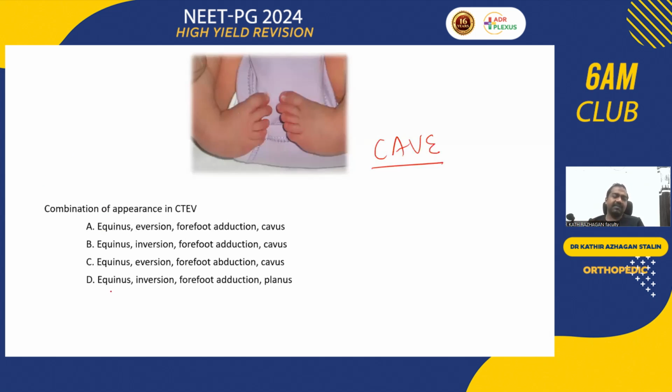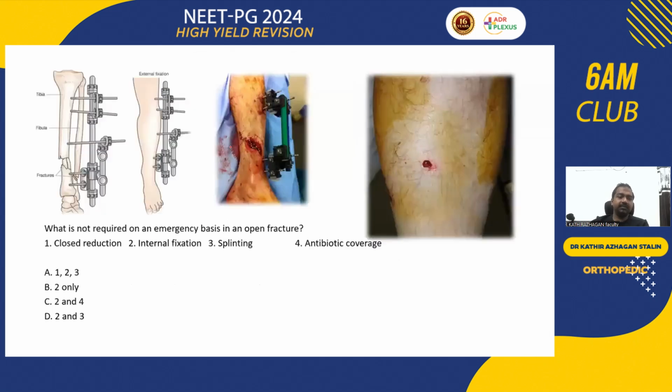Yes. So everything has equinus. The answer is cavus, adduction and inversion. Cavus, adduction, inversion and equinus. Inversion. Can you see the inversion? Forefoot adduction and inversion.